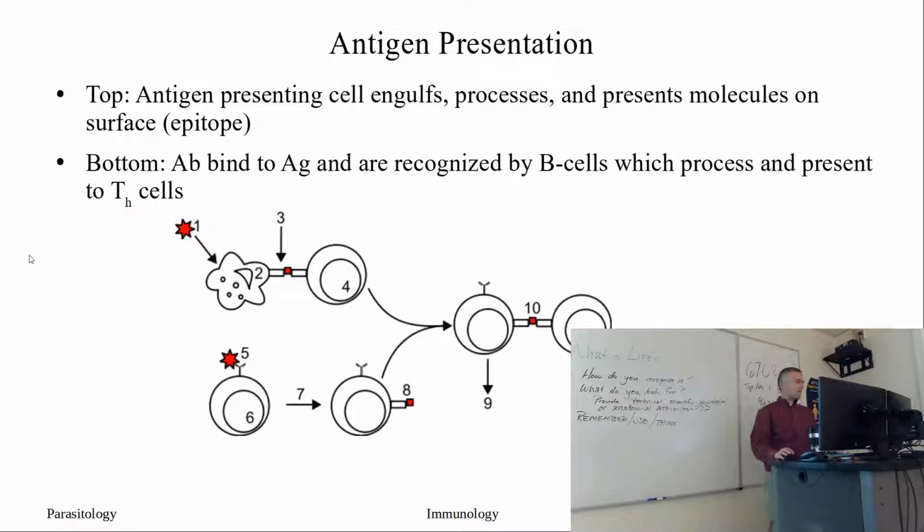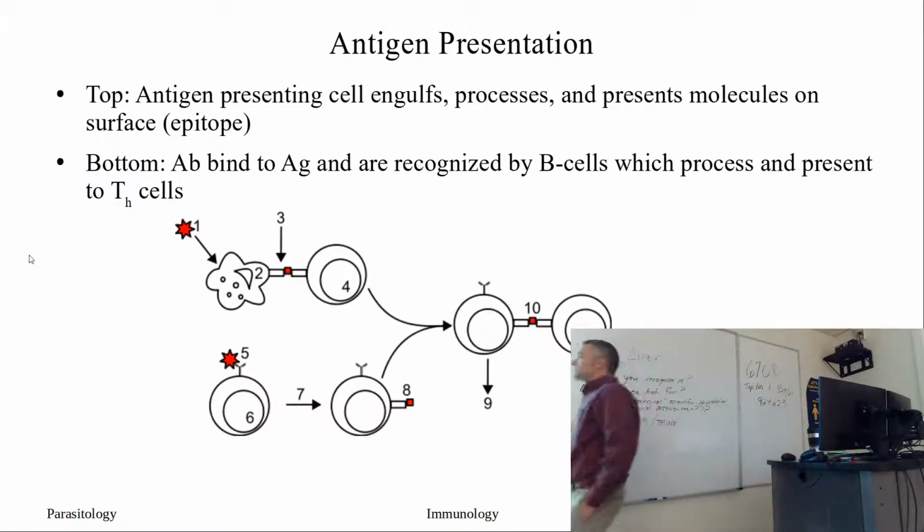Right. So how does this work? This is a rough overview of antigen presentation. So antigen comes in, gets engulfed by macrophages, gets processed onto the surface. That surface binds to T cells that then shuttle things off to form B cells.